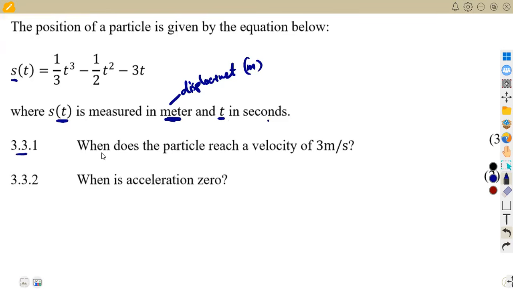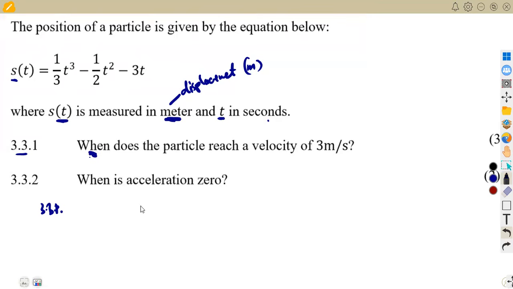So the question is, when does the particle reach the velocity? I think this one is similar to the other question that we did. When does it reach this particular velocity? So we say the velocity here is simply the first derivative of displacement. When you are asked when, we are talking about the time at that particular moment.